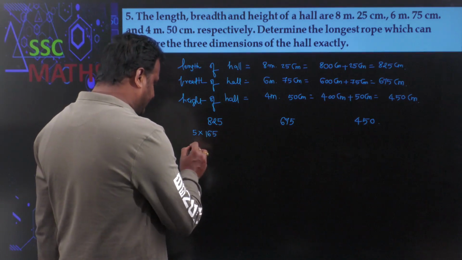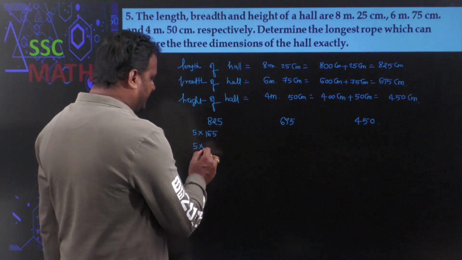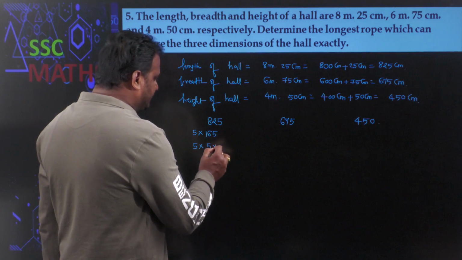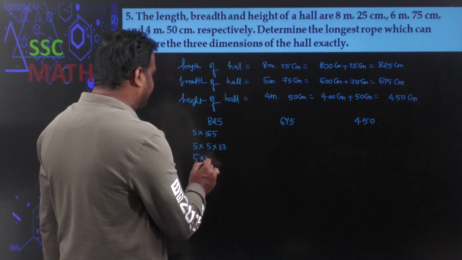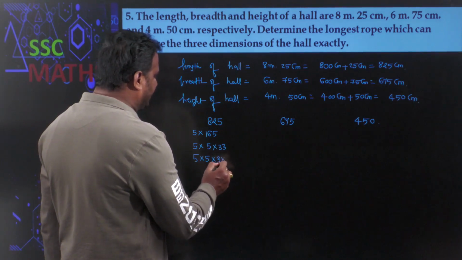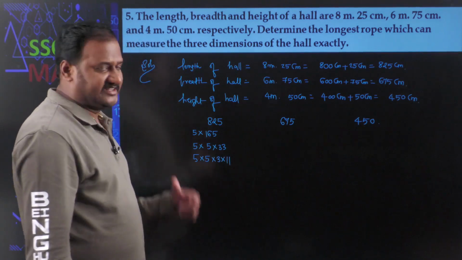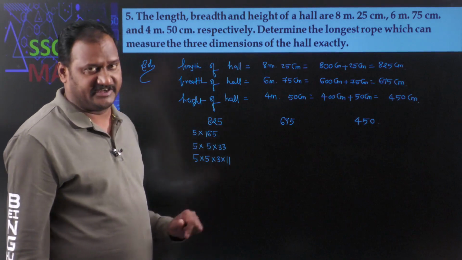Again it can be divided by 5, giving 33. So 825 is 5 multiplied by 5 multiplied by 3 multiplied by 11. This is the prime factorization of 825.